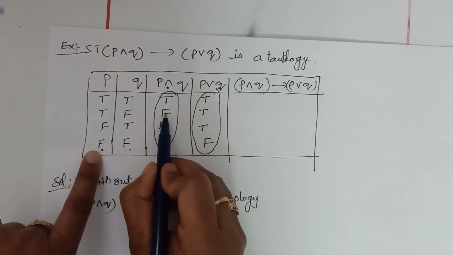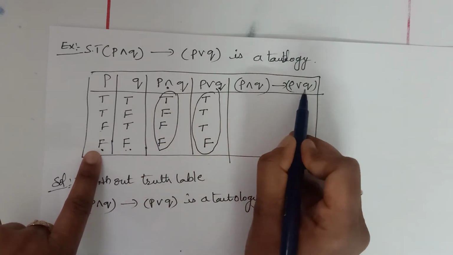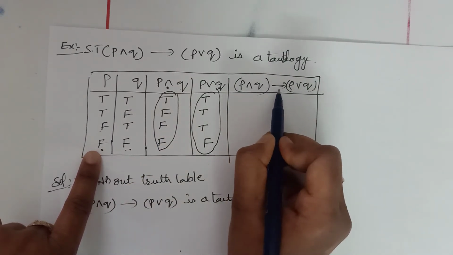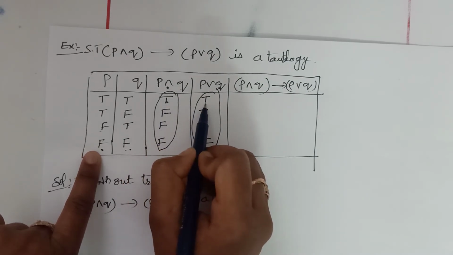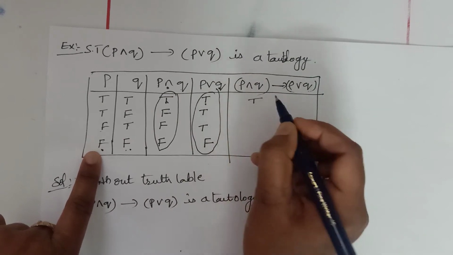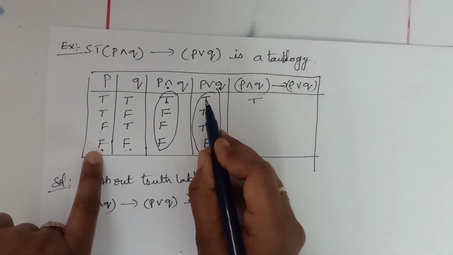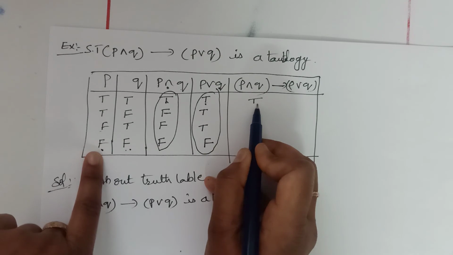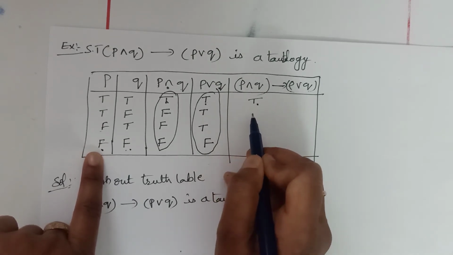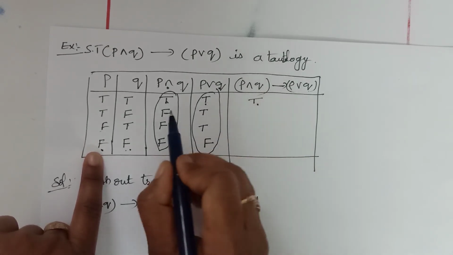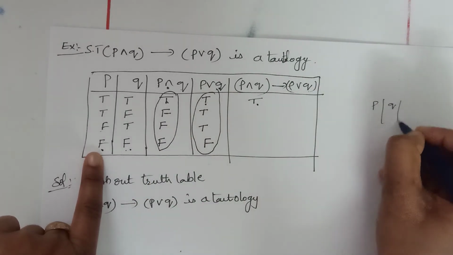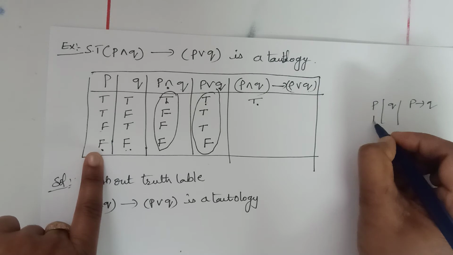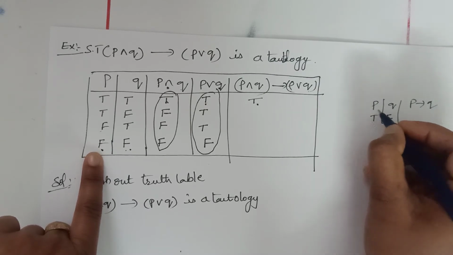So P and Q conditional P or Q, in this conditional connective, when P and Q is true and P or Q is true, the conditional is true. When do we get truth value false? Only when the antecedent is true and the consequent is false.